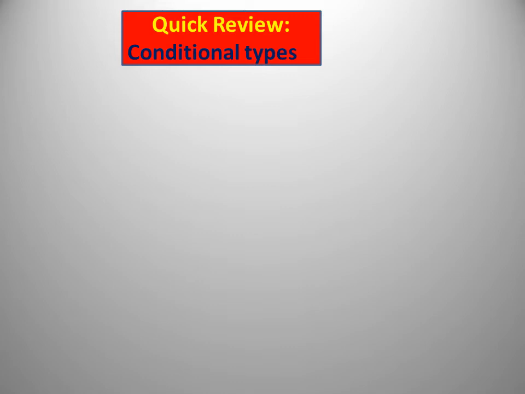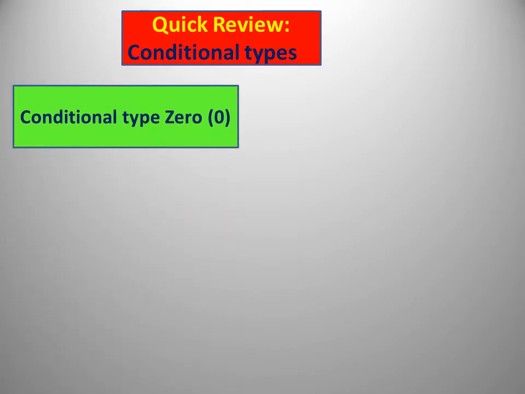Okay, so let's have a quick review of all the types of conditional. So what are the types of conditional sentences that we have? Number one is conditional type 0.